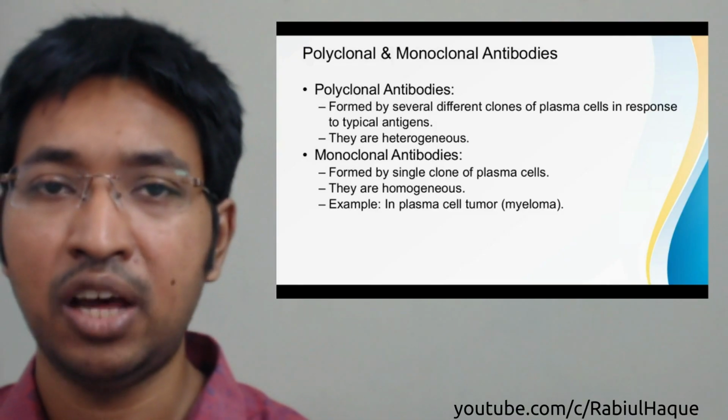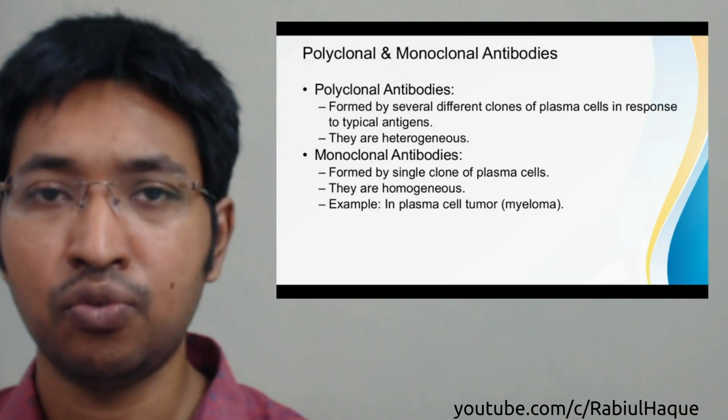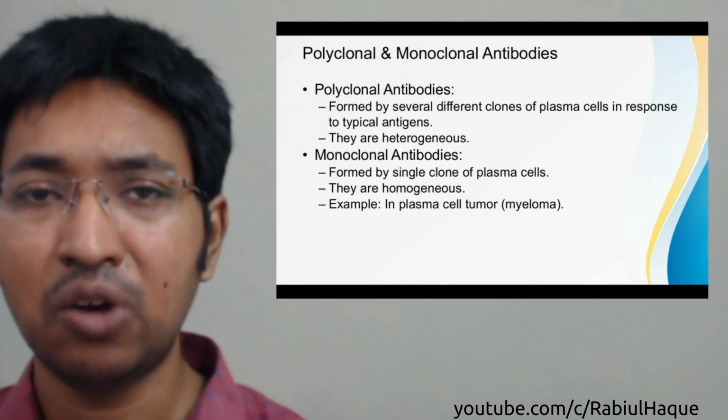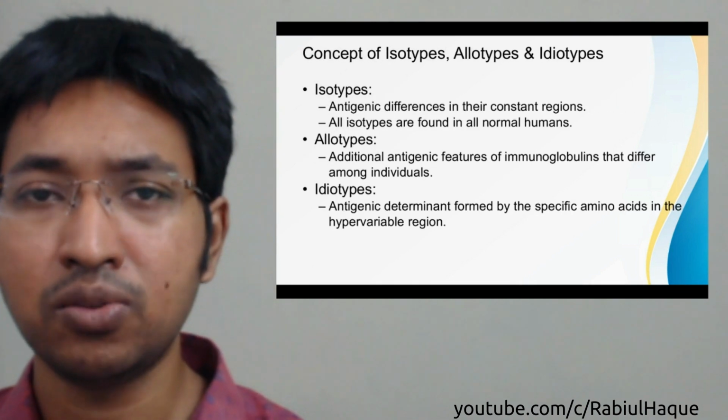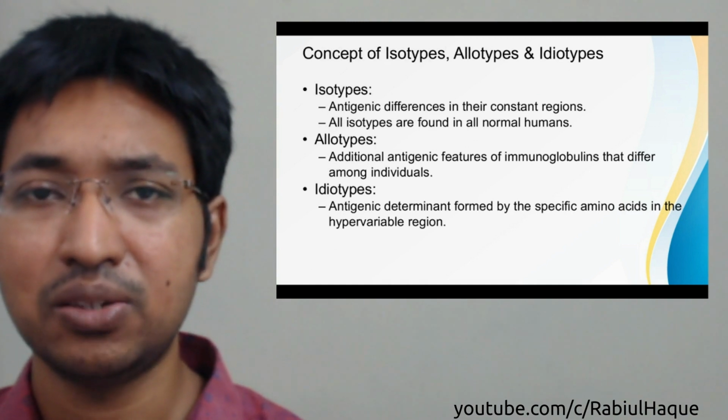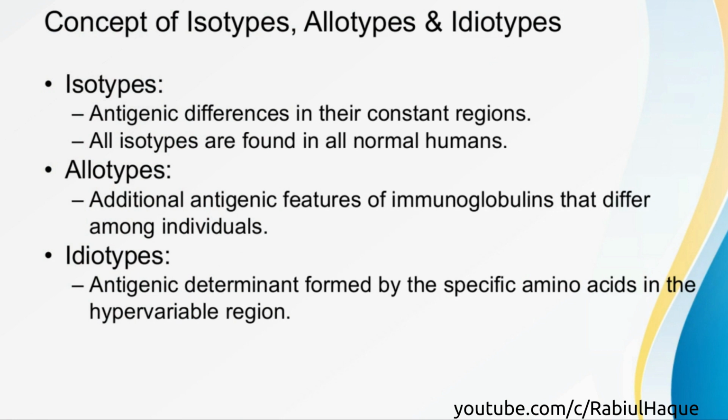So now that we have talked about the concept of polyclonal and monoclonal antibodies, let's move on and talk about the concept of isotypes, allotypes, and idiotypes. So what do we mean by isotypes? These are antigenic differences in their constant regions. All isotypes are found in all normal humans.